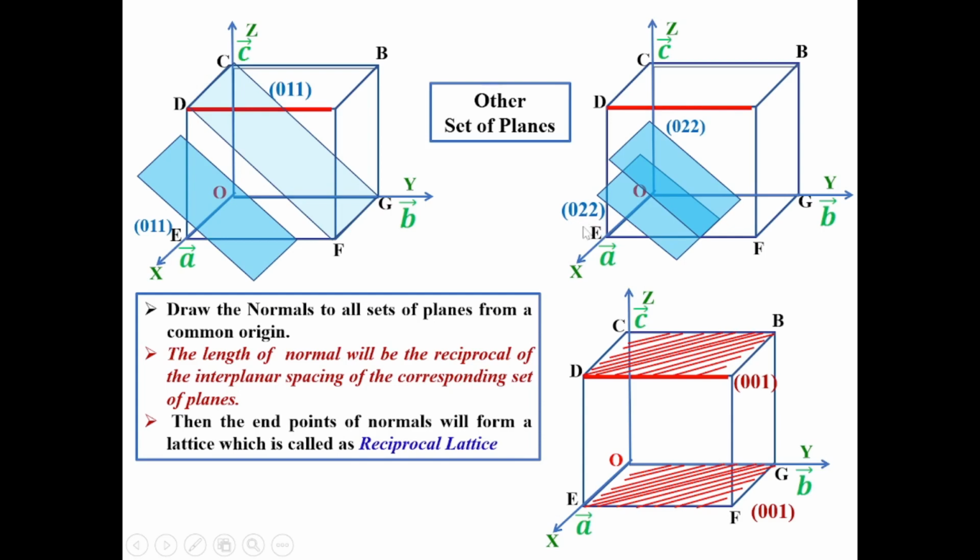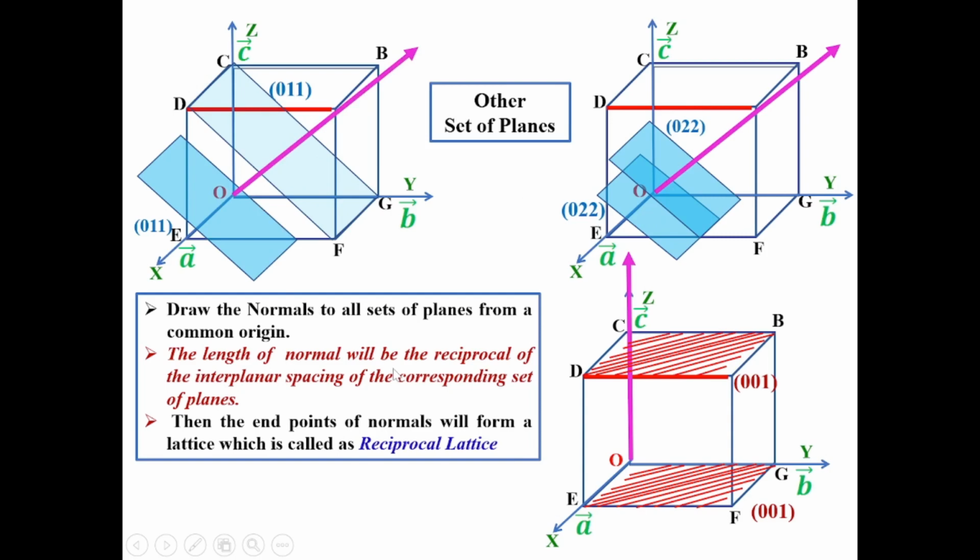Okay. Now we are going to draw the normals to all sets of planes like this. Normal drawn on this set of planes, again normal drawn on this set of planes, normal drawn on this set of planes.